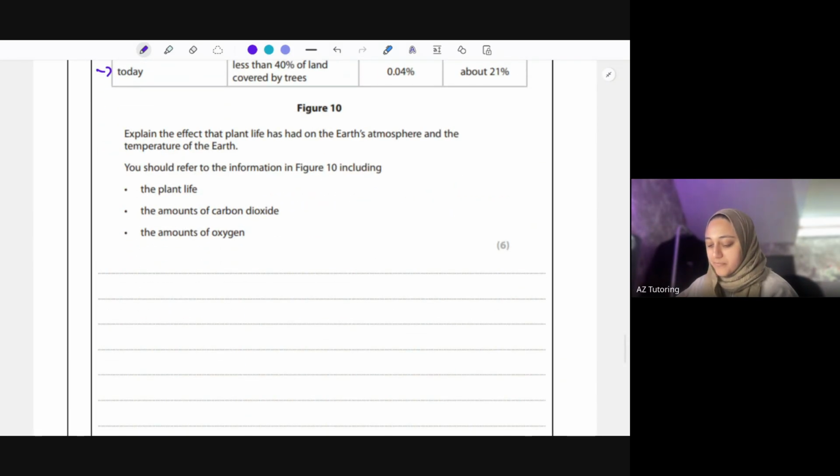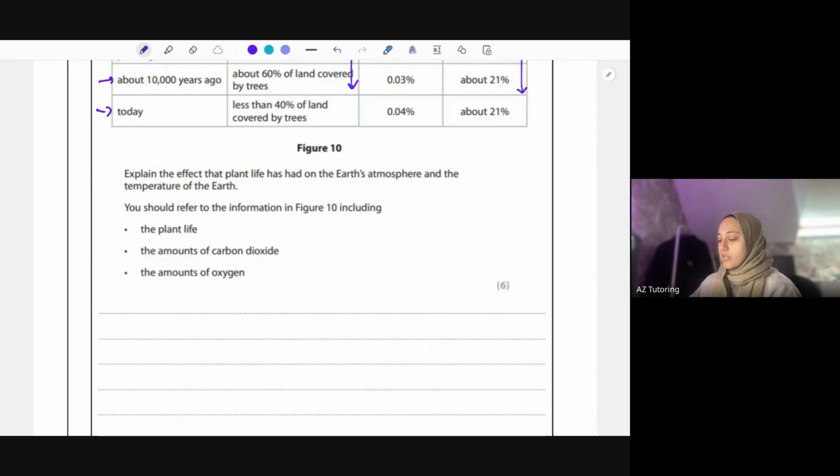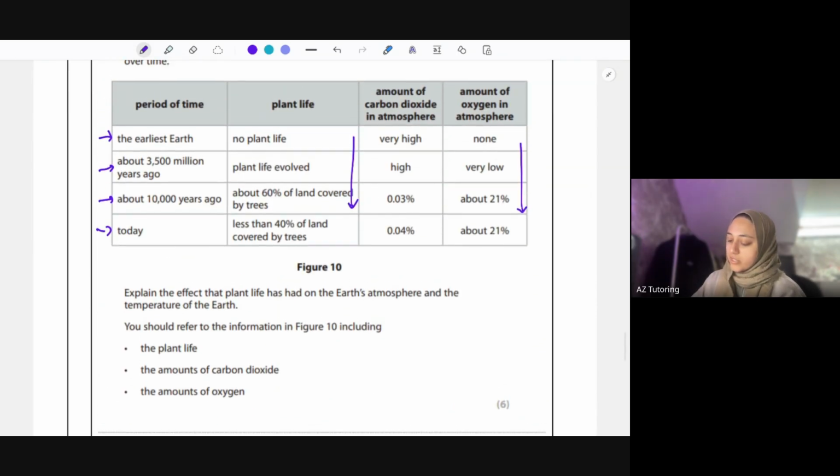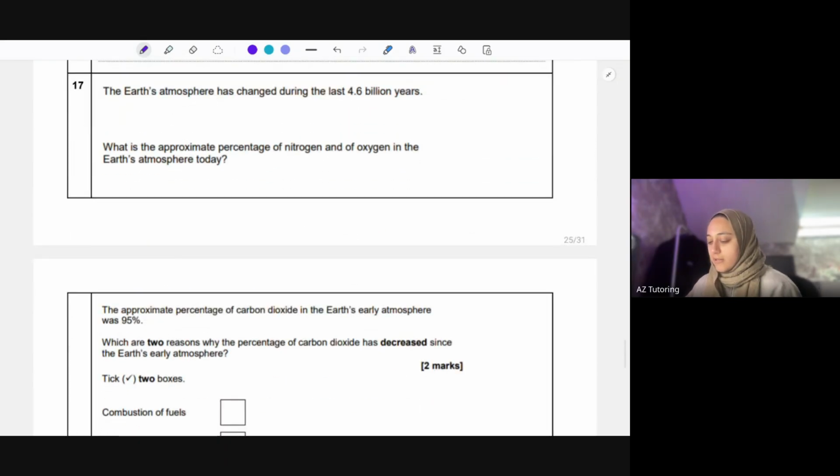So for 6 marks, that's essentially what you were explaining about photosynthesis, the changes in the atmosphere. The increase in carbon dioxide as well from this point, from 0.03 to 0.04, is because of global warming and the greenhouse effect. So yeah, that's the 6 marks, what we just discussed there.